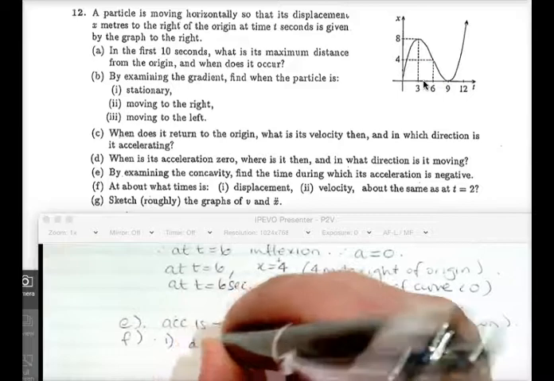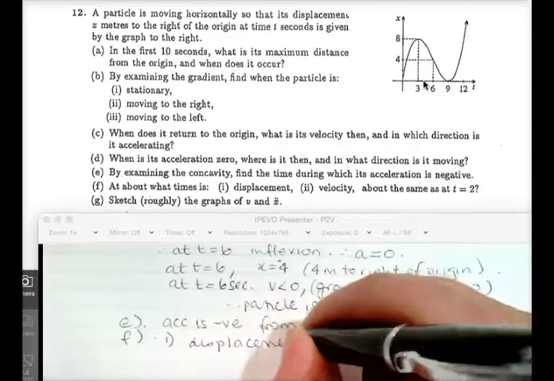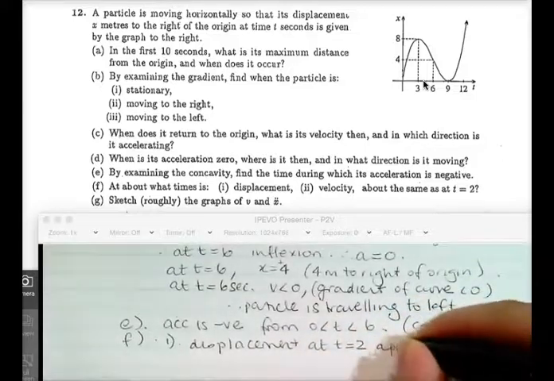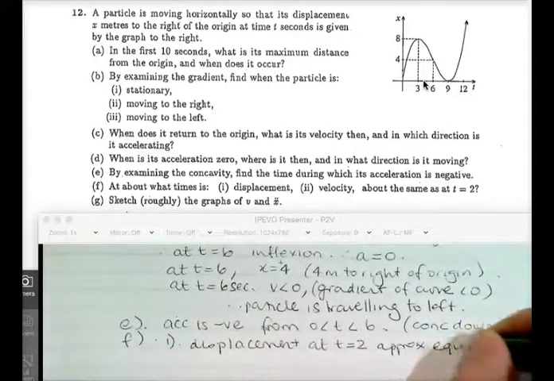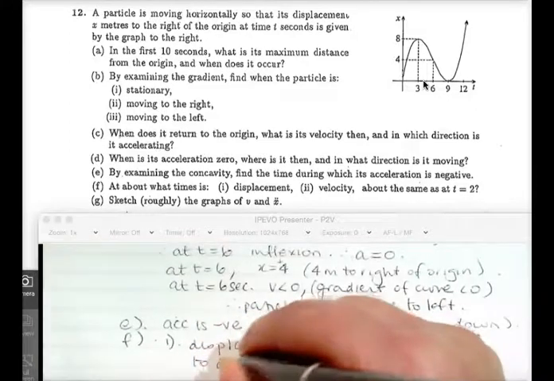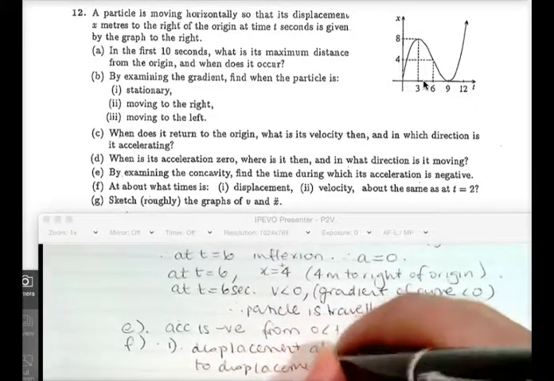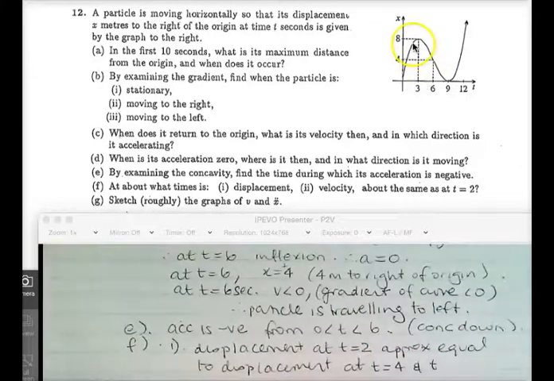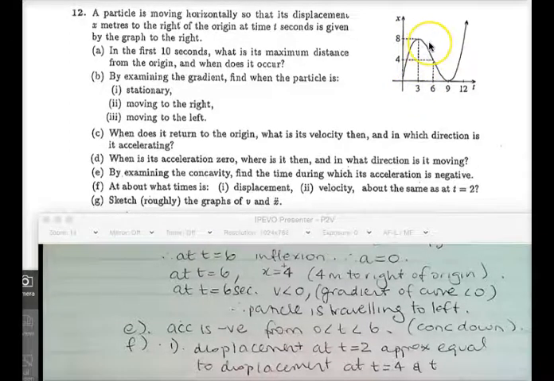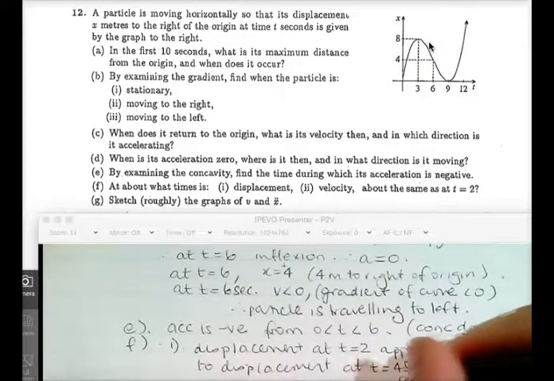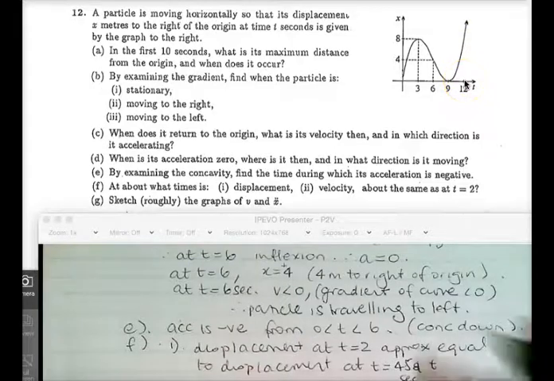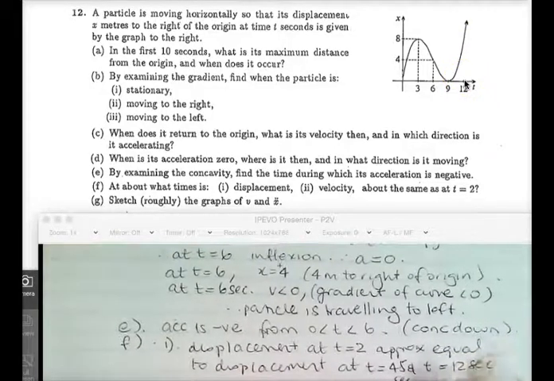So displacement at t equals 2 is approximately equal to displacement at t equals 4, or maybe 4.5 seconds, and the same as displacement around here, which is about t equals 12 seconds.